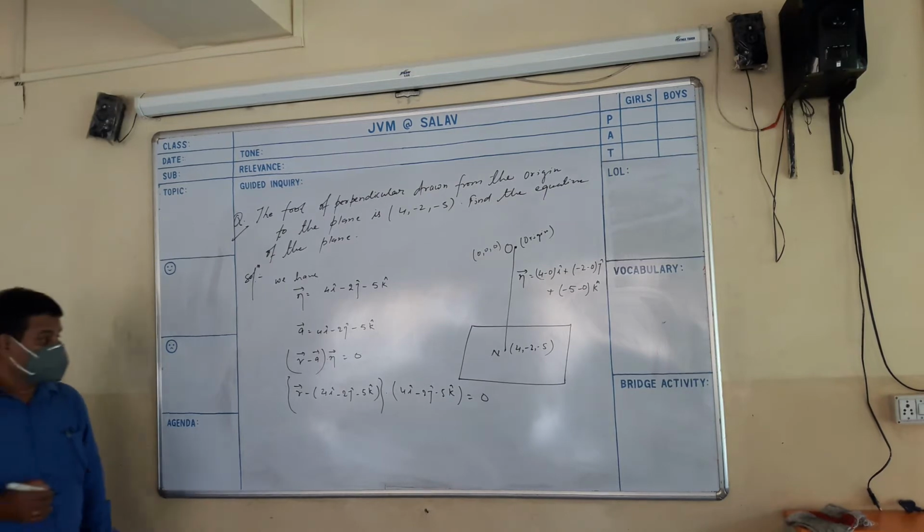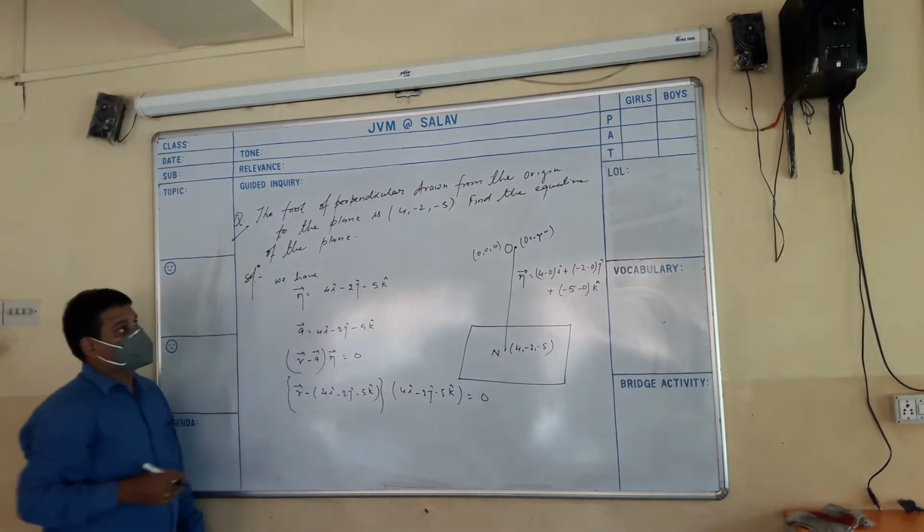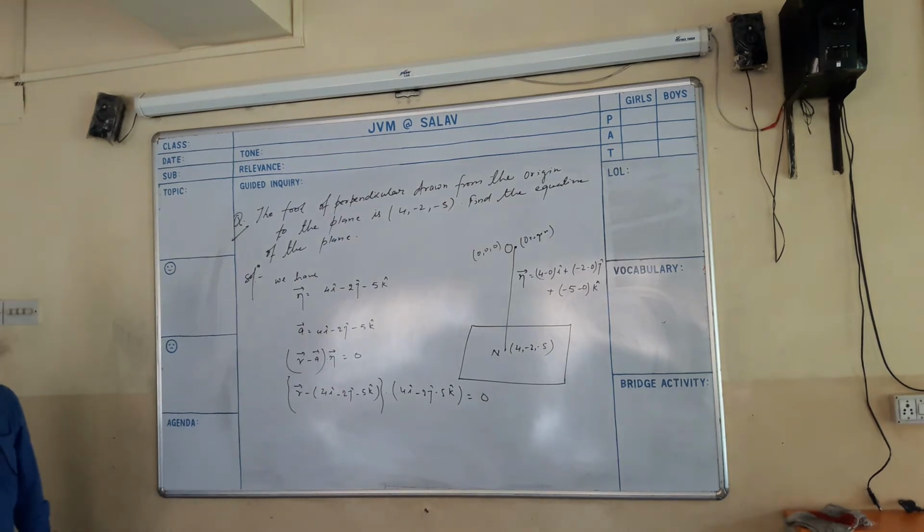So this is the vector form of the equation of the plane.